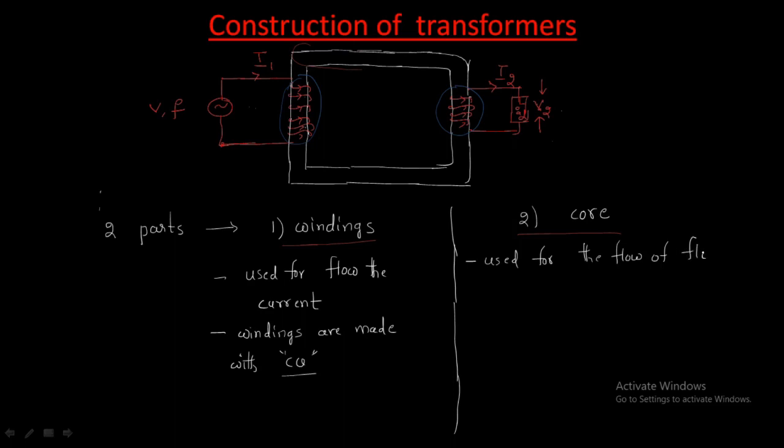Whenever supply is given to the primary winding, an EMF is induced, and after that some flux is produced. The produced flux flows through this core. This flux is represented with phi. Whenever the flux flows through the secondary winding, an EMF is induced here.